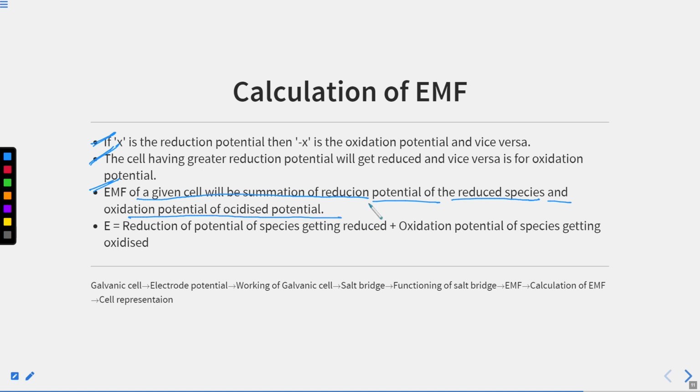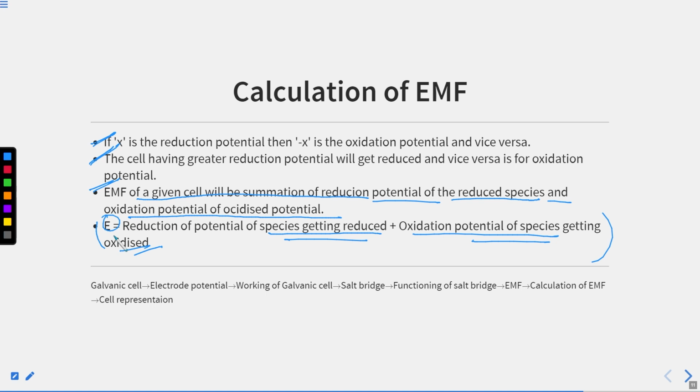If I want to put the formula in a nutshell, it will be like this: the reduction potential of the species getting reduced plus the oxidation potential of the species getting oxidized. We add both of these and we get our EMF, or E, which has a unit of volt.